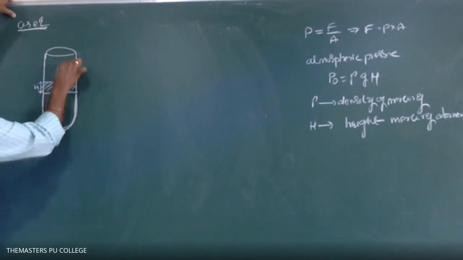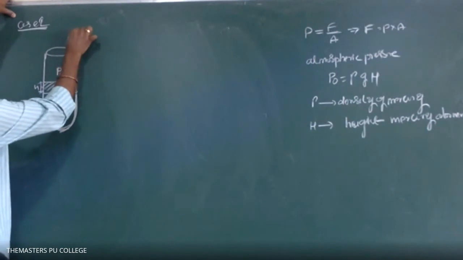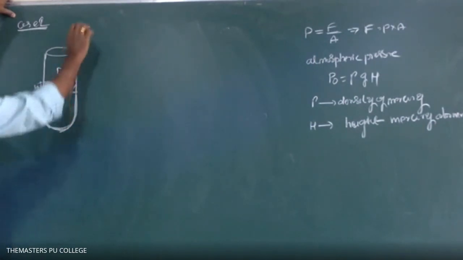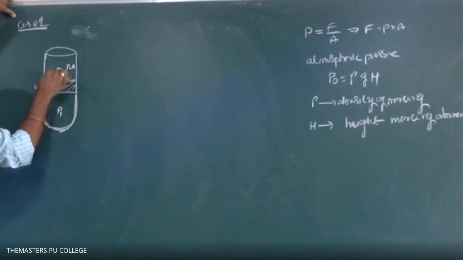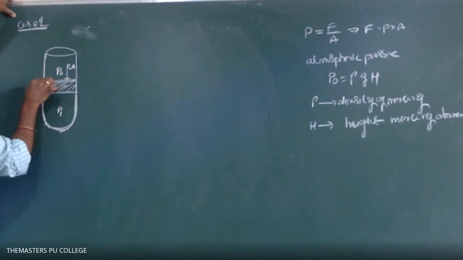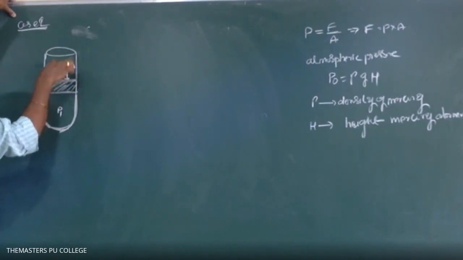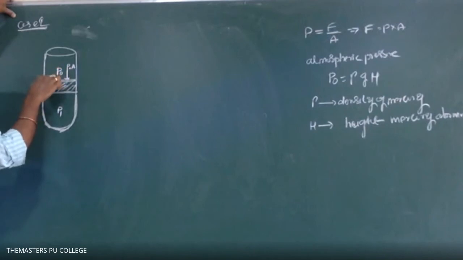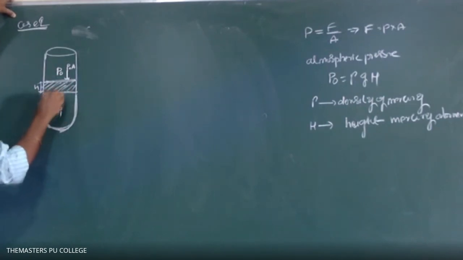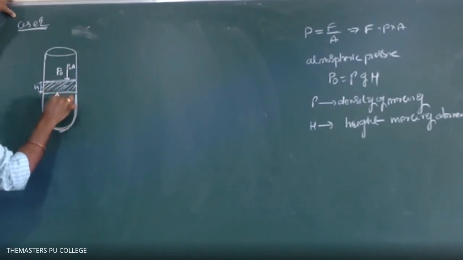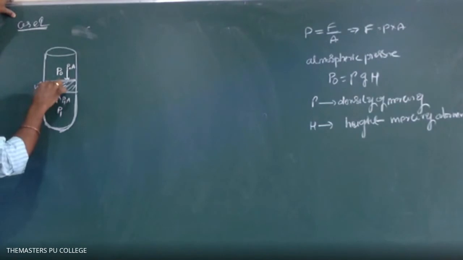P naught into A. We know that pressure P equals F by A, so F equals P into A. This side is exposed to the atmosphere, so because of the atmospheric pressure P naught, a force P naught A acts downward. Similarly, the pressure of the trapped air is P1, and because of this pressure a force acts upward, that is P1 into A. In addition, the weight of the mercury pellet acts downward.